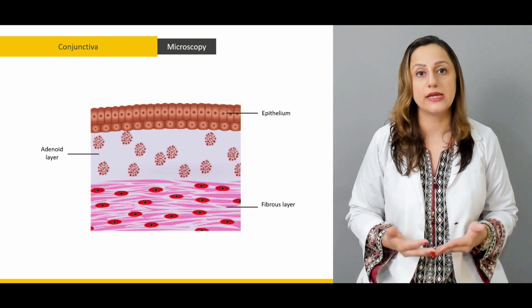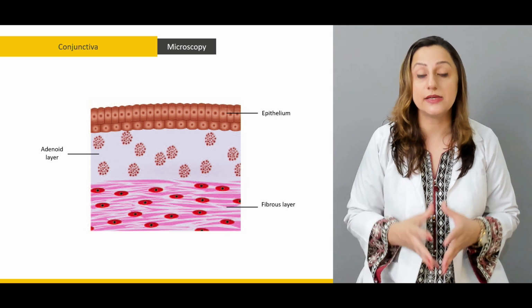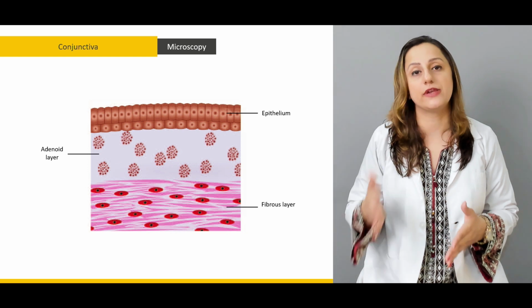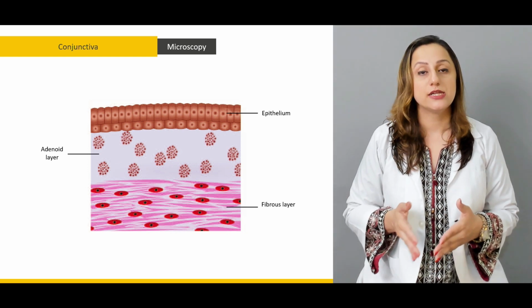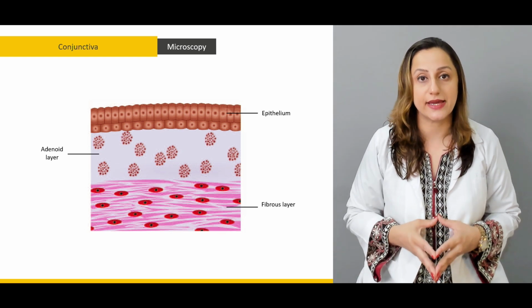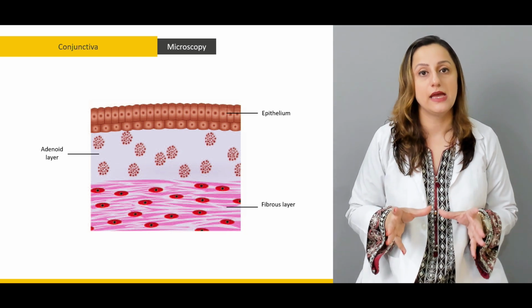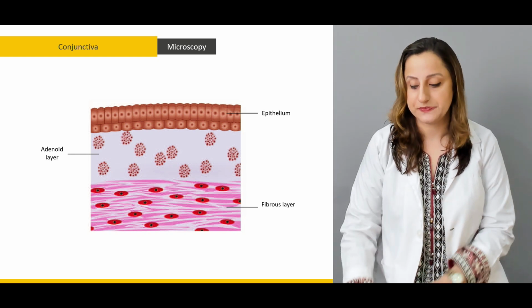Depending upon the location, the epithelium is slightly differentiated, and the number of layers is slightly differentiated, ranging between 2 to 5 layers, which is non-keratinized in nature. So these are the particular features of the conjunctiva that we see upon the microscopy.